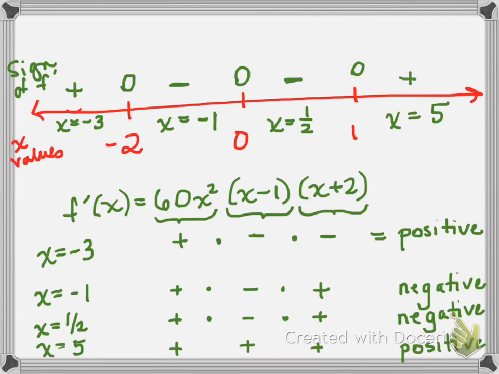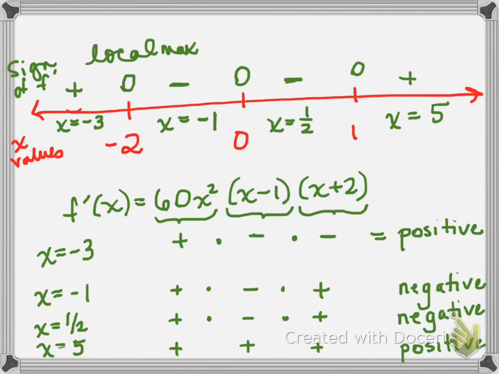So now looking at this number line, we see that at our critical value of -2, we change from the first derivative being positive to the first derivative being negative. So we would say at -2, there is a local maximum. At the critical value of 0, the first derivative goes from being negative to negative, so nothing happens there.